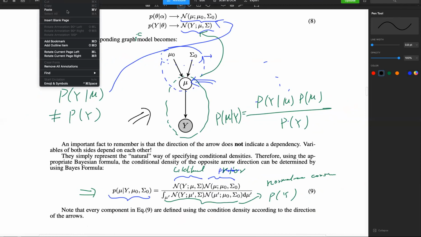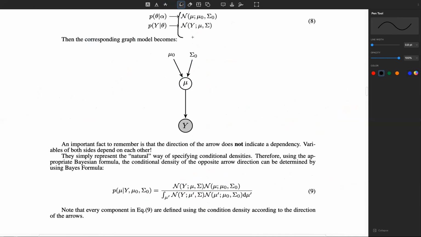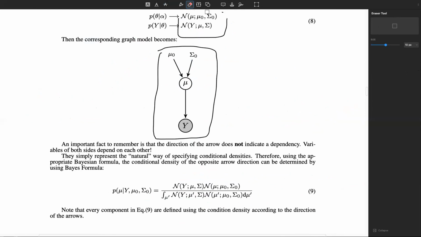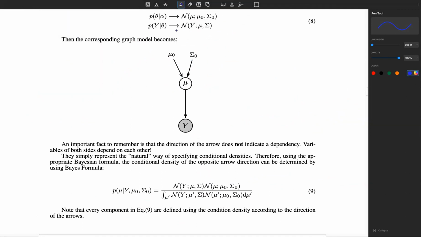Let me remove that. Maybe more specifically, if you look at just this part here, what do you see?